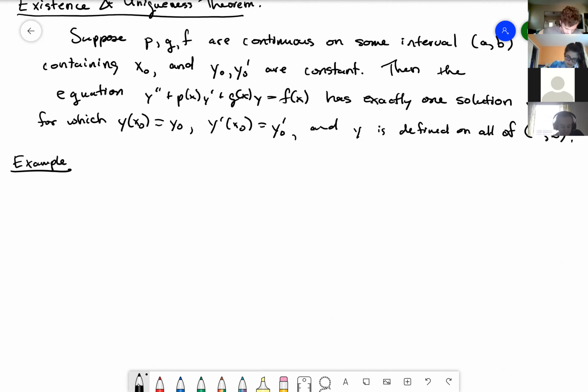So in our previous example, we looked at y double prime minus y is equal to 0, but now let's specify an initial condition. So let's say that y of 0 is equal to 1, and y prime of 0 is equal to 3.